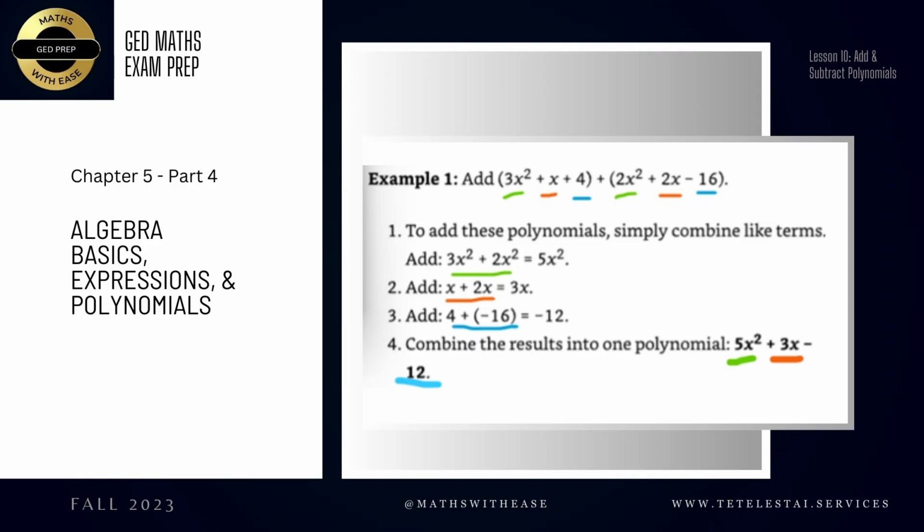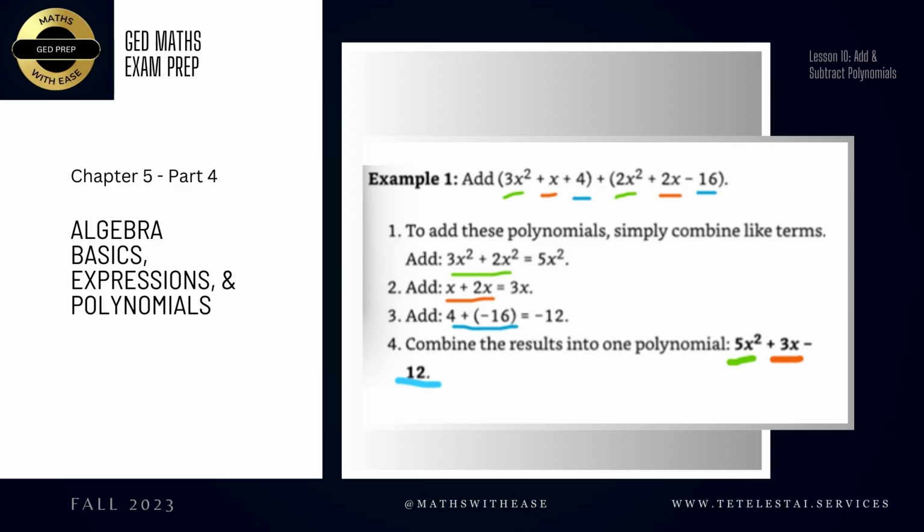When you see like terms, you're able to combine them like regular addition or subtraction. You're able to do that because they both share the same variable raised to the same power, so they're like terms. And so we just proceed with addition as normal. 3x squared plus 2x squared is 5x squared.